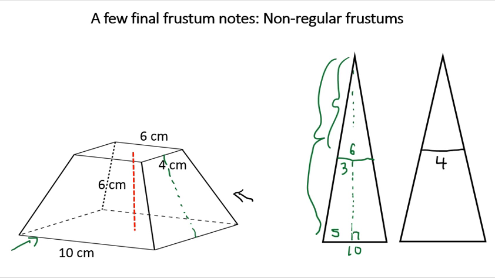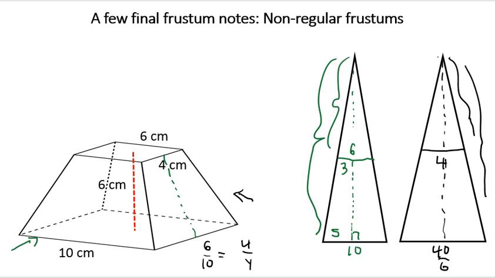So we could use proportions to get this bottom portion. 6 is to 10 equals 4 to, we'll call it y. 6y equals 40, so y equals 40 over 6 on the bottom. The heights don't change, so these heights will be found as before, and you have to use similar triangles and the Pythagorean theorem again to find this slant height and the other slant height. Again, for non-regular frustums, just like non-regular pyramids, you have two different slant heights.